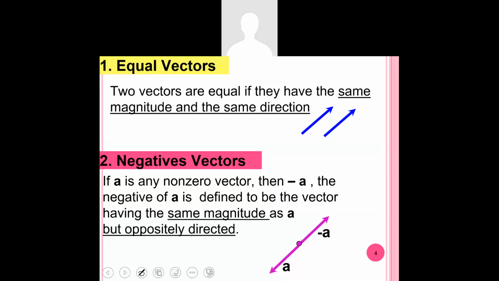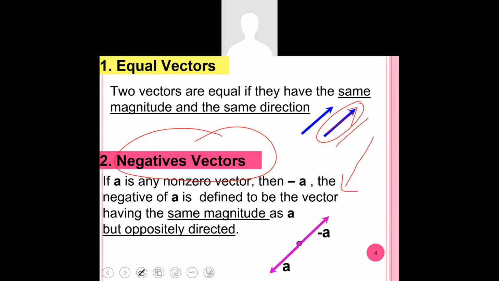In other words, if vectors are the same, then their length is the same and their direction is the same. But if it is heading into the opposite direction, then it would be a negative vector. It must be into the total opposite. Let's say this blue line here is facing that way.